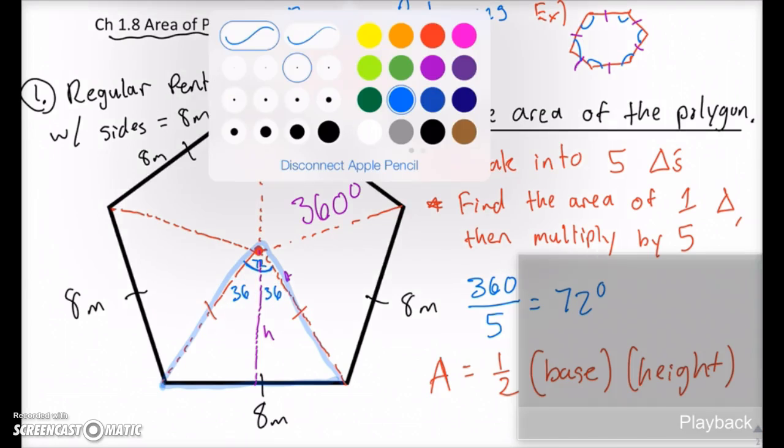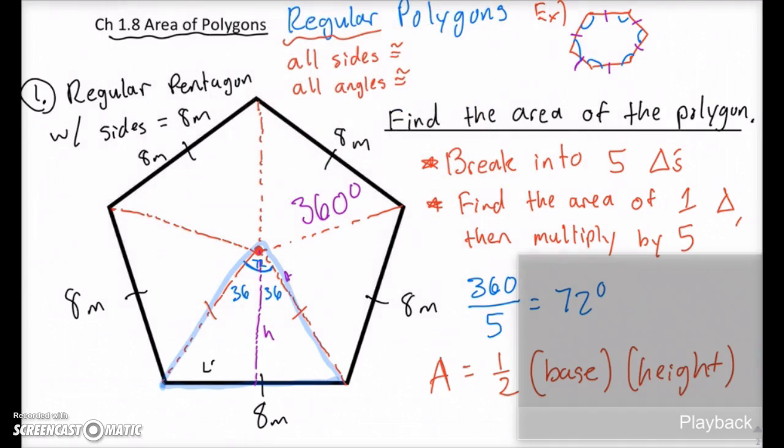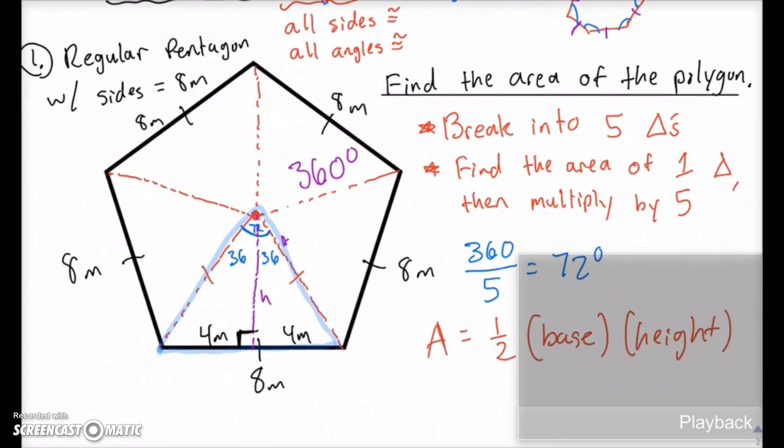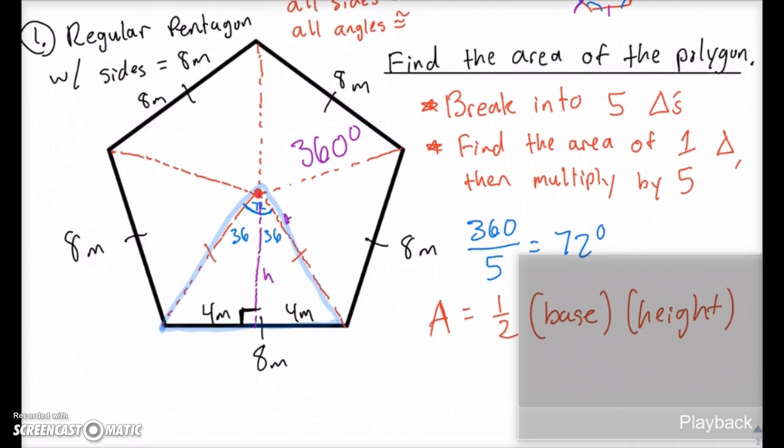This height also bisects the base, so each of these should be 4 meters. And the altitude of this triangle forms a right angle. So now, since we have a right triangle, we can use our trig ratios, sine, cosine, and tangent, to find our height.